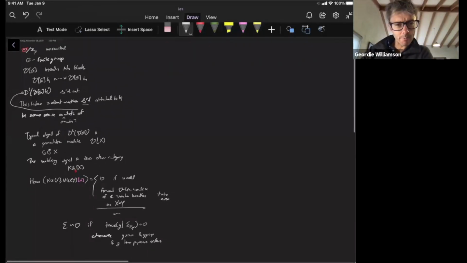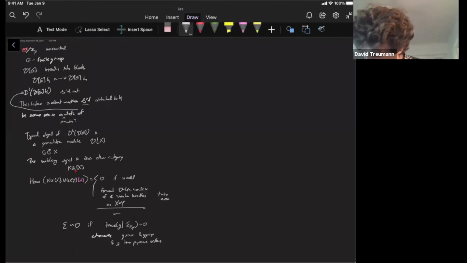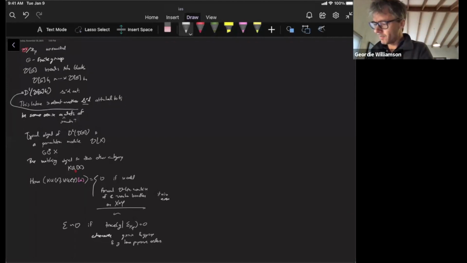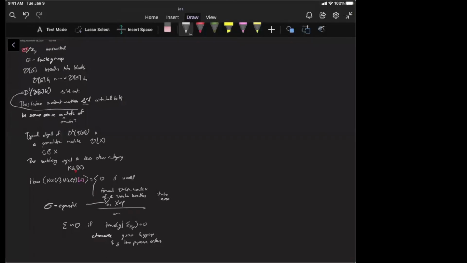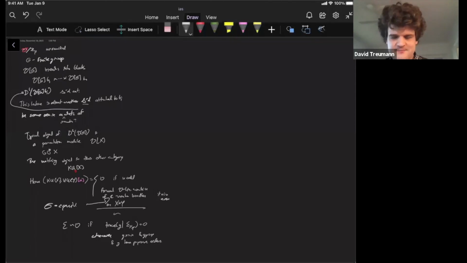Is it equivariant vector bundles? G-equivariant. But X and Y are just finite sets, is that correct? Yeah, just finite sets.